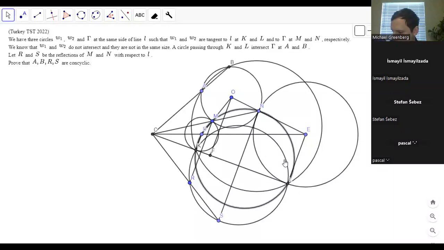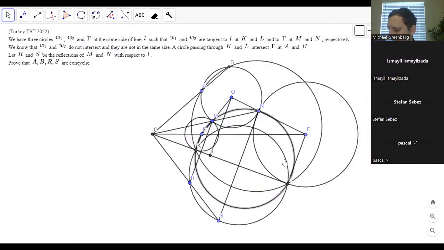And so the problem reduces to showing that ODK plus MON equals NEL, or something like that with directed angles.